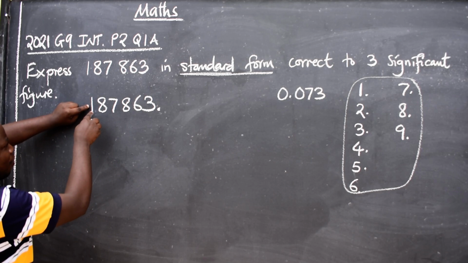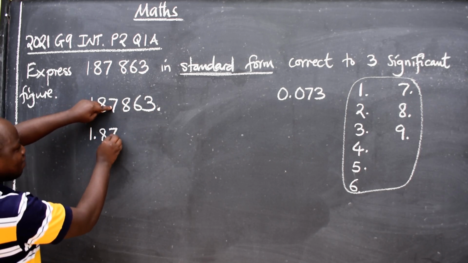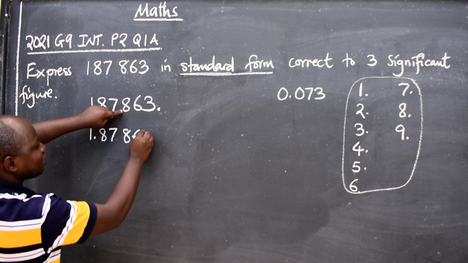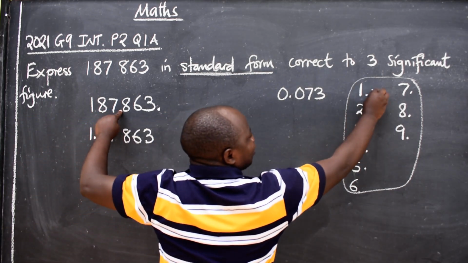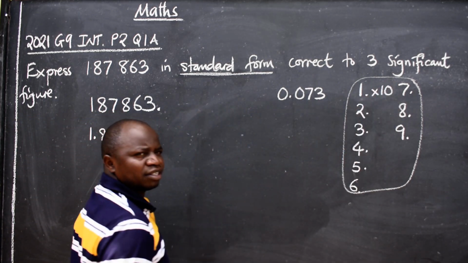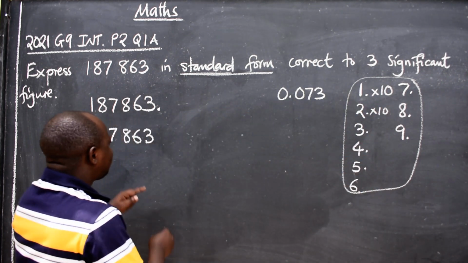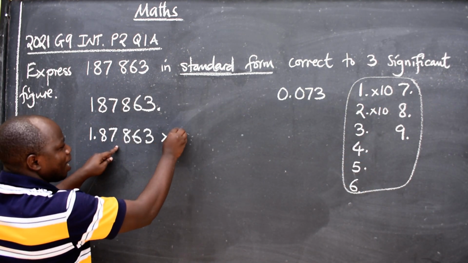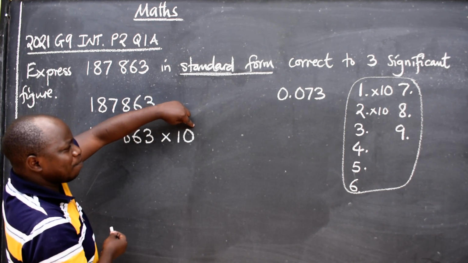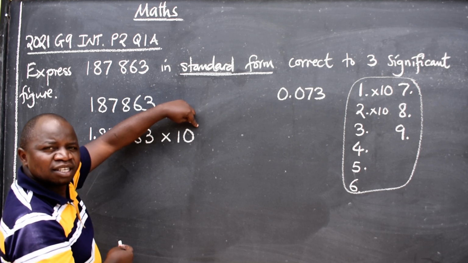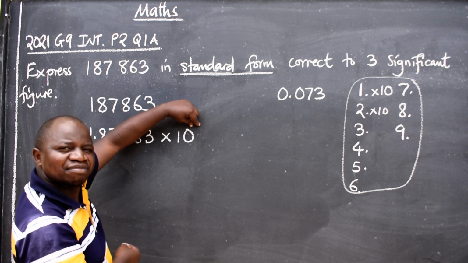So I will be able to write 1.87863, always in standard form, multiplied by 10. It is always multiplied by 10. And then here, there will be a power. This power can either be positive or negative.